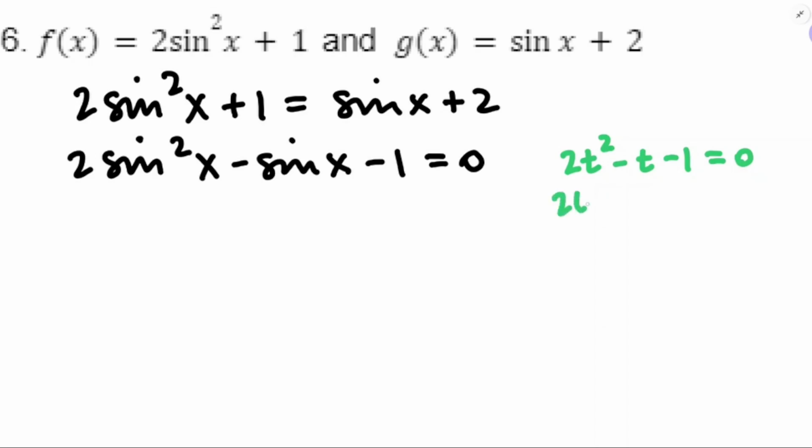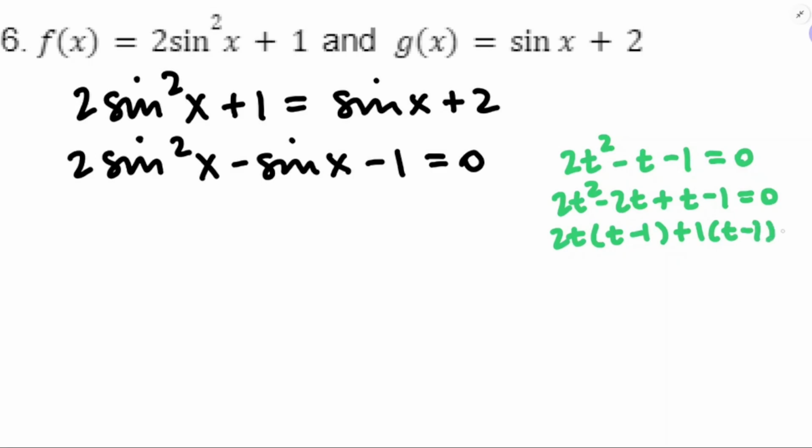So 2t squared minus 2t plus t minus 1 equals 0. And then 2t times t minus 1, plus 1 times t minus 1 equaling 0. Then I'll factor out the t minus 1 and be left with 2t plus 1. There we go.